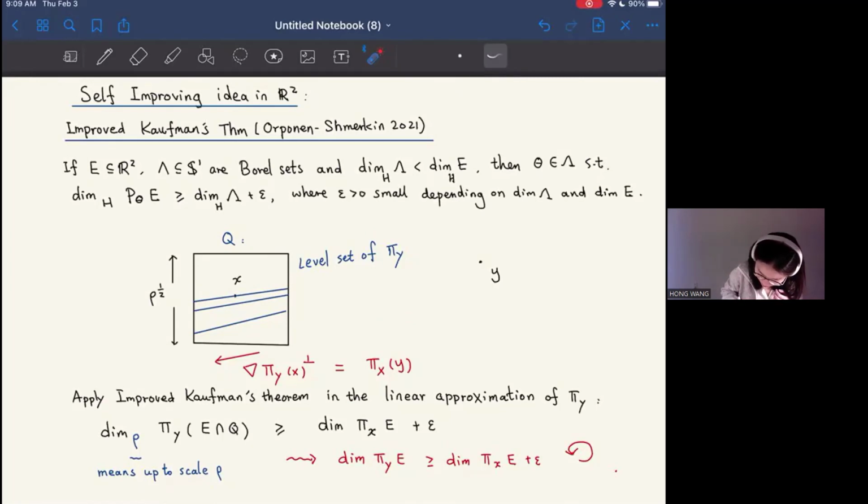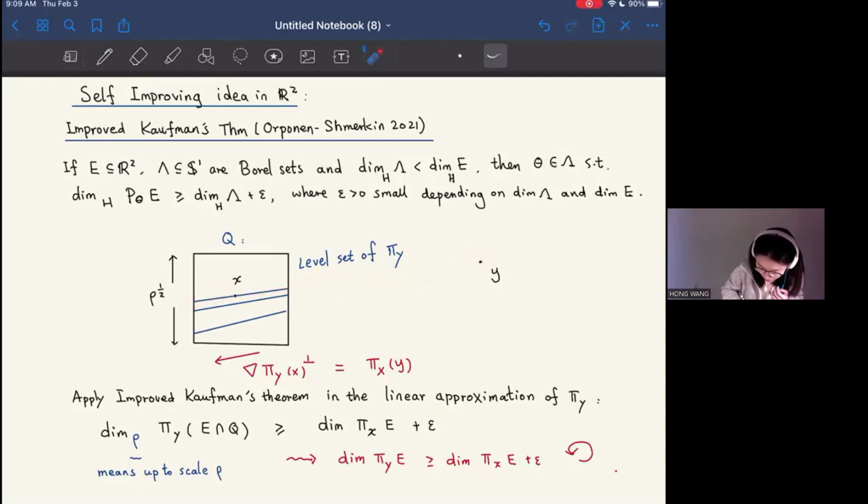To study the radial projection, here are the level sets of pi_y. You can see that all the points on this line will have the same radial projection image.